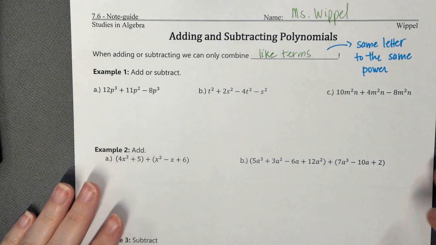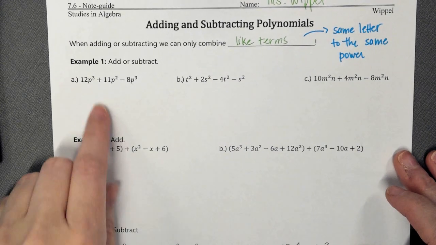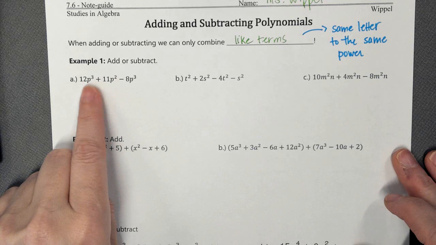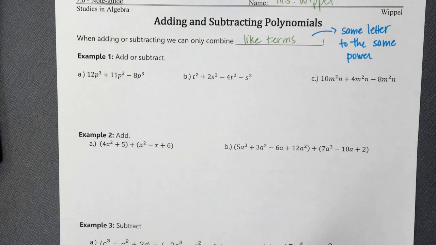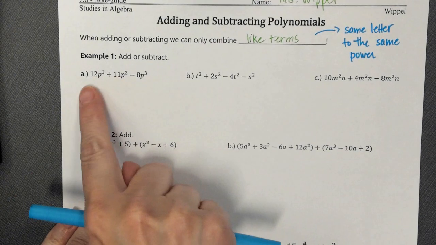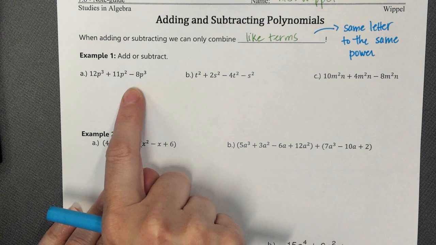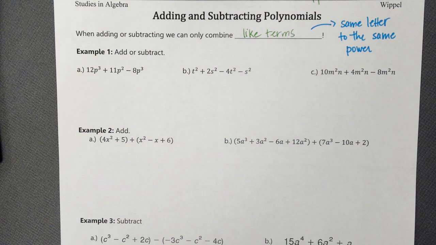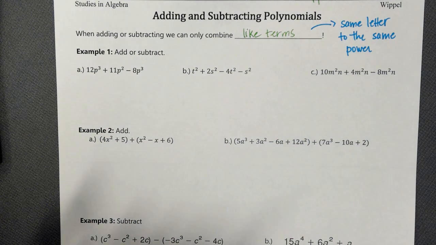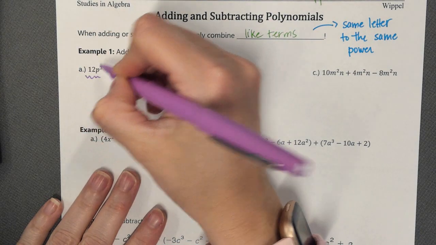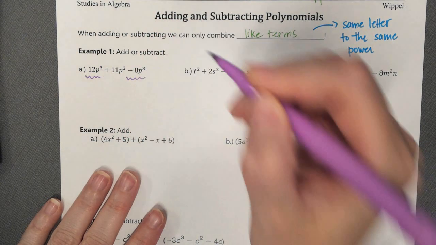Okay, and then what we're going to do here is look at which ones have the same letter to the same power. So they all have the letter P, but only 2 of them have the same power, right? You have 12p to the third, and you have negative 8p to the third.